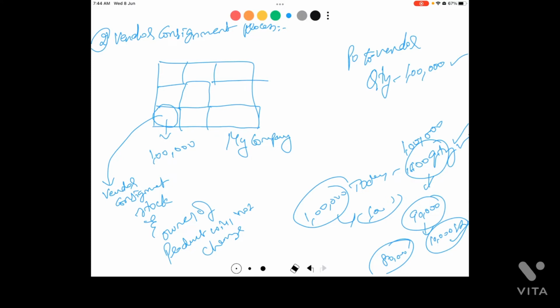So the best example is electrical goods. Do you know electrical goods? What do we have? Refrigerator, television, fridge, laptops.